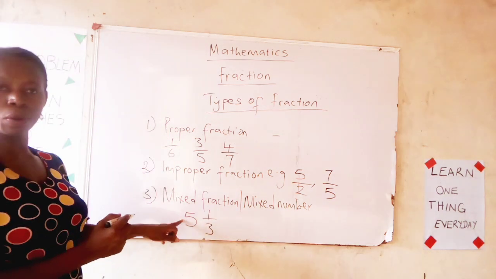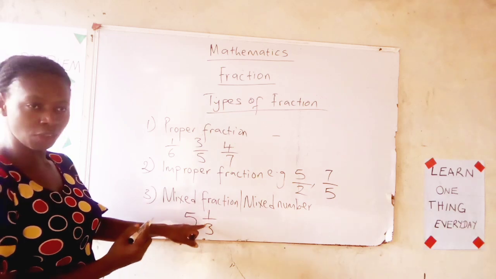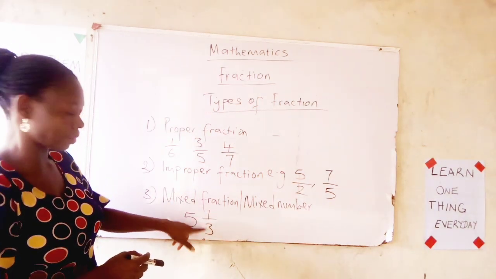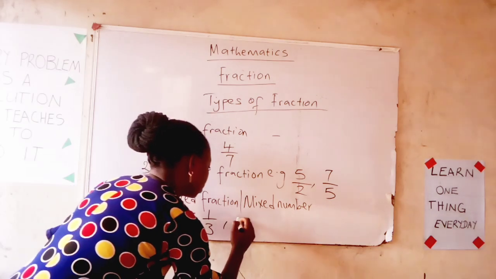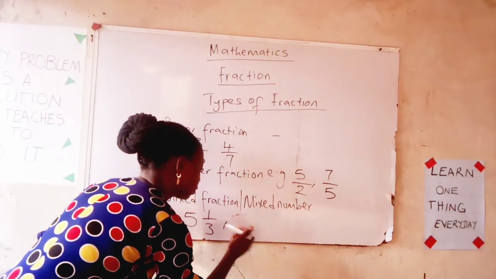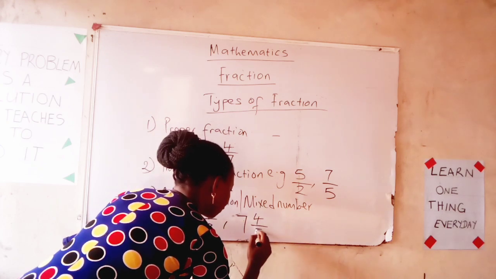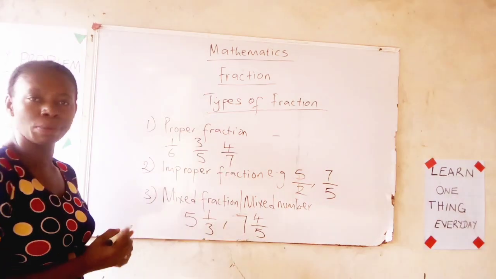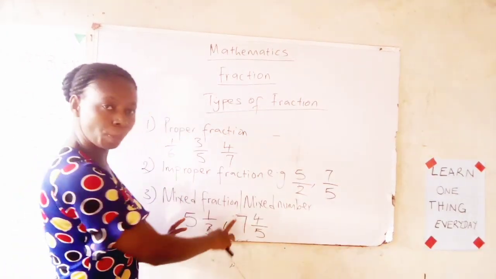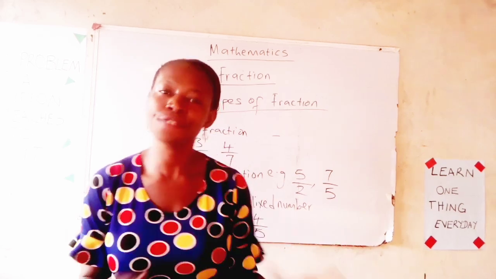This is a whole number, and this is a proper fraction, which is 1 over 3. You can see 1 over 3 is a proper fraction because the 1 is smaller than 3. Another one is 7 whole number, 4 over 5. When you have a whole number and a fraction, that becomes a mixed fraction.